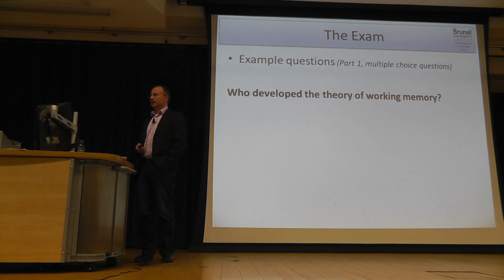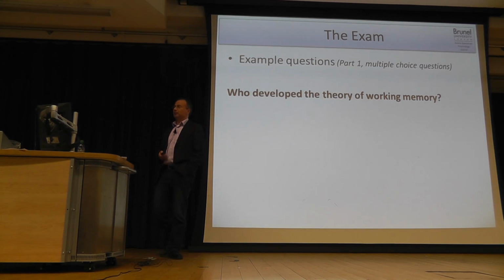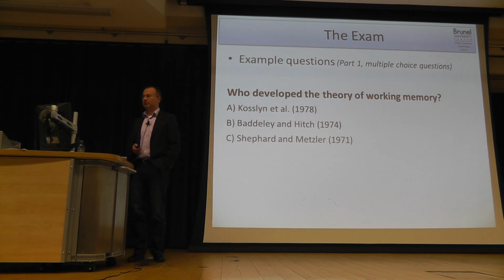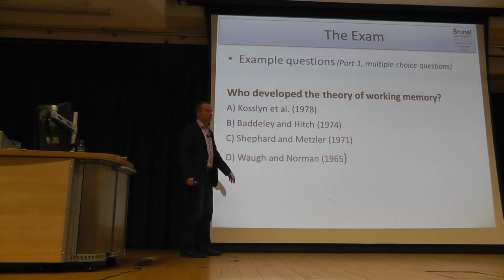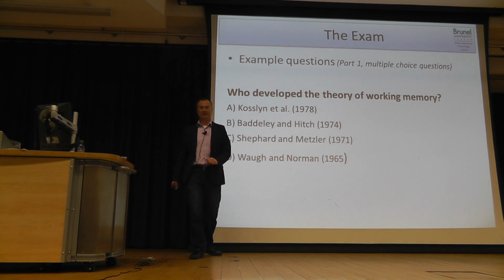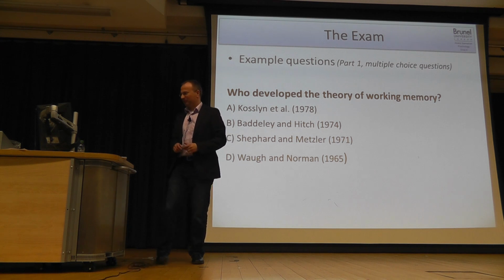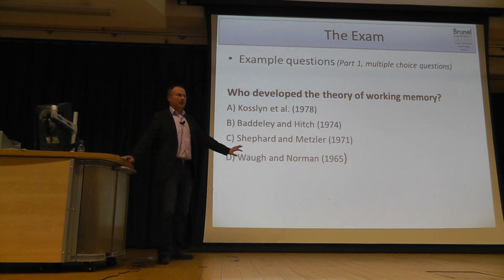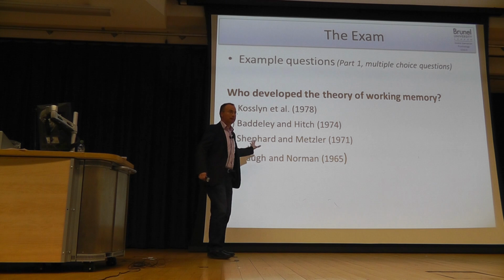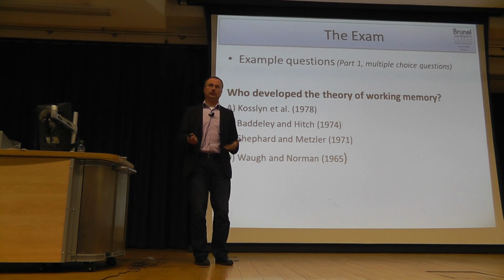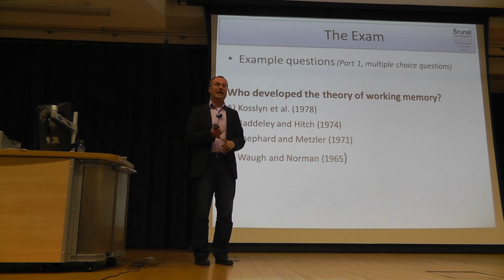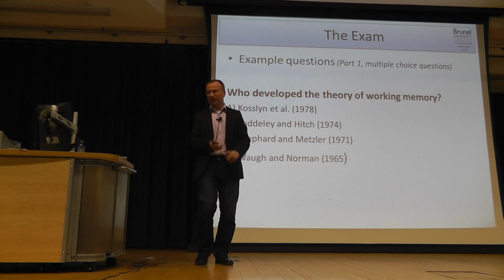Okay. Another example: who developed the theory of working memory? Koslin, Baddeley and Hitch, Shepard and Metzler, or Waugh and Norman? And you should know after today that it was Baddeley and Hitch. And we spoke about this before as well. I chose this example to clarify one point about how much you have to learn, like names and years and things.